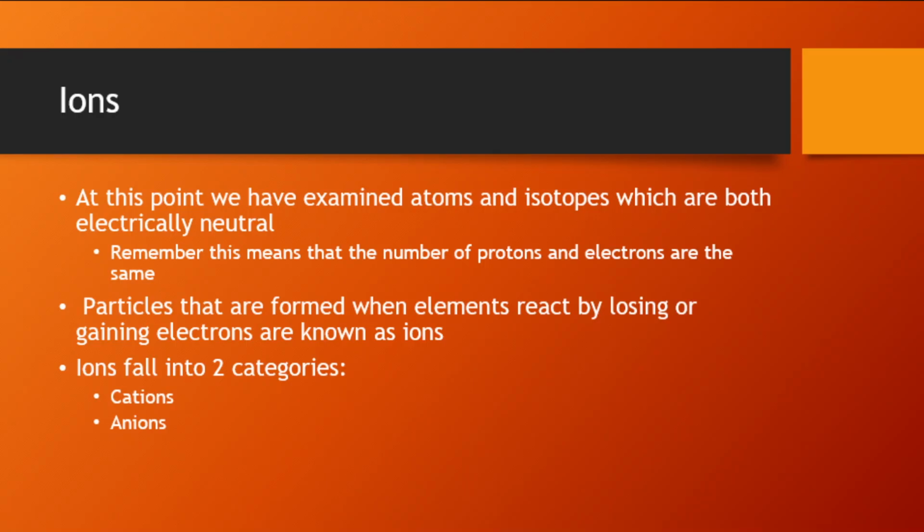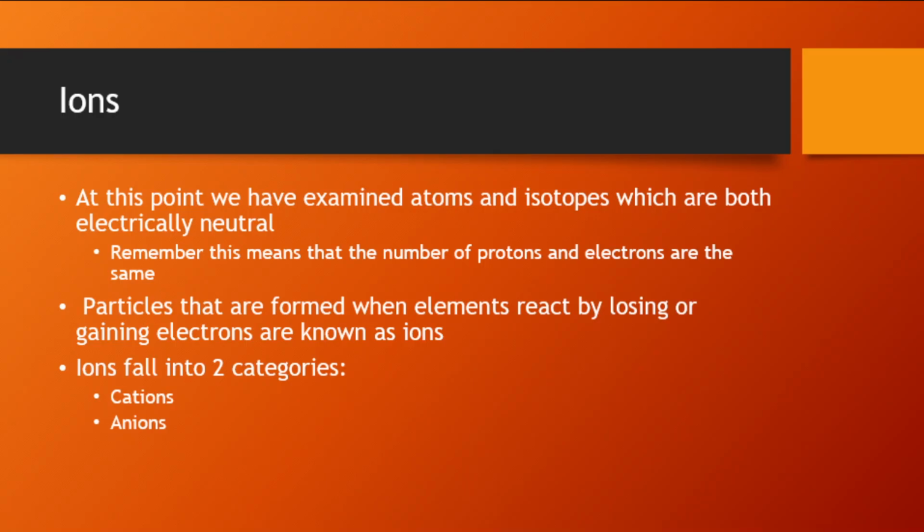However, there are instances where atoms have different numbers of protons and electrons, and so at that point they're no longer atoms, but now they're ions, okay? And so I'm going to talk to you guys a bit about ions and what we need to be able to know about those.